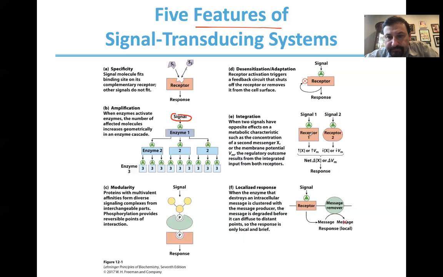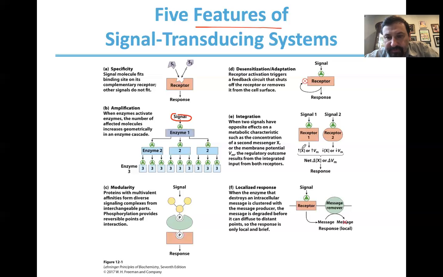Then integration. You know that in the central nervous system, that's how our brains function. Signals arrive from different directions, and this one particular neuron, for example, will process them all and add them up.